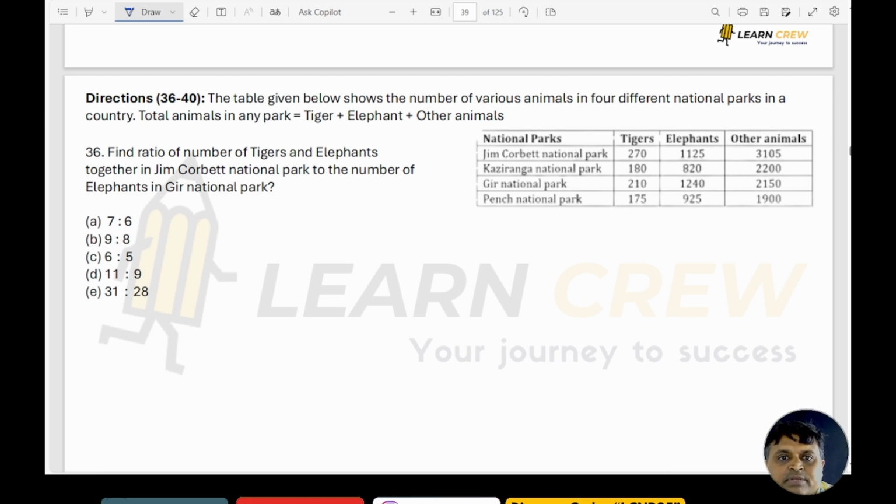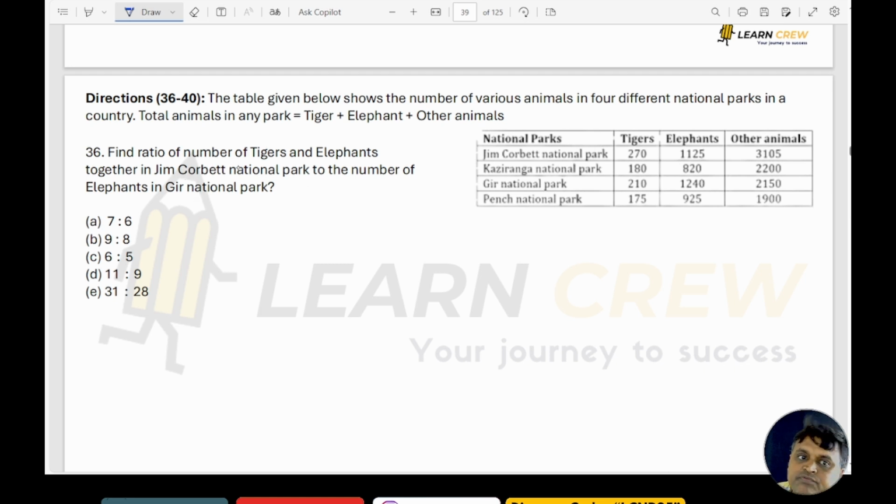See what is given here. The table given below shows the total number of animals in 4 different national parks: Jim Corbett National Park, Kaziranga National Park, Gir National Park, Pench National Park. So tigers, elephants and other animals.